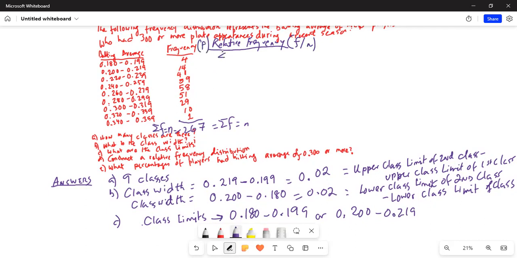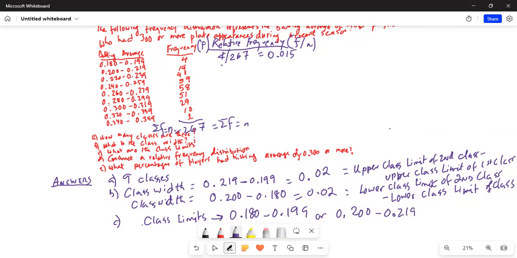For the first class, it will be 4 divided by 267, which is 0.015.